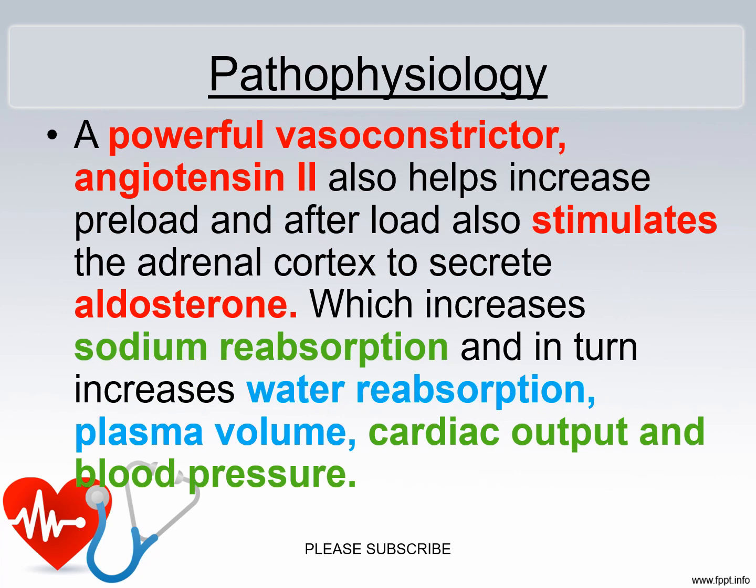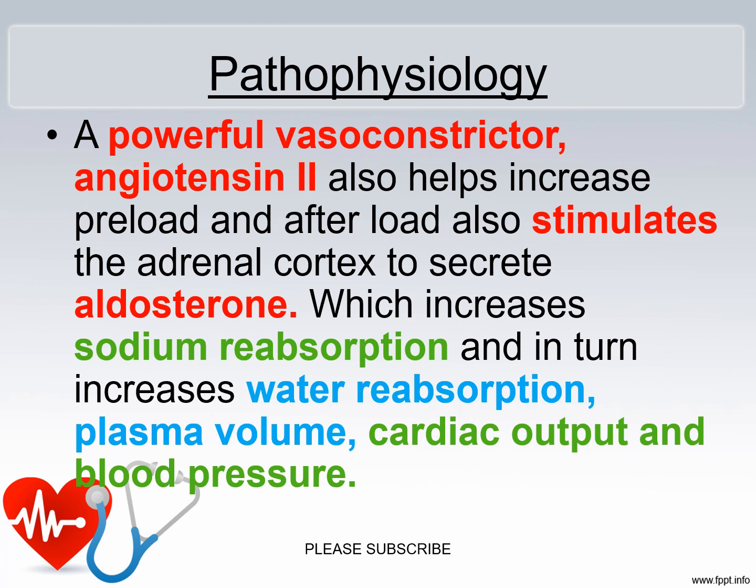Okay. Then this angiotensin 2 is a vasoconstrictor, so it will act directly on the blood vessels to constrict them, increasing the blood volume. Okay, then it also helps to increase preload and afterload, and also stimulates the adrenal cortex to release aldosterone. Now this aldosterone will cause sodium retention.